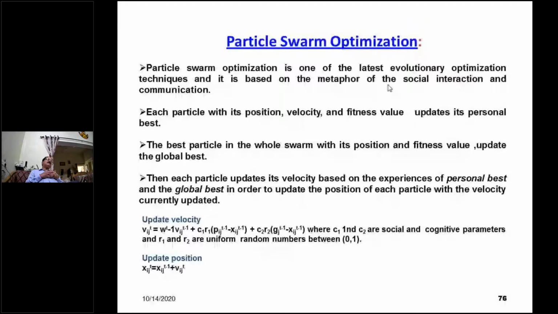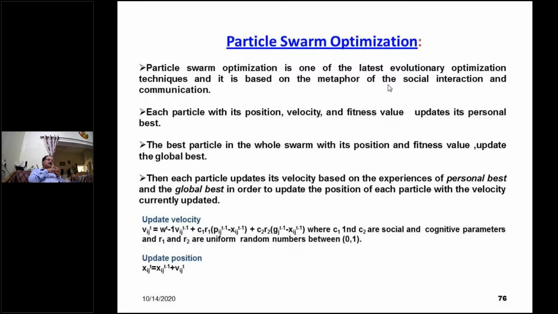Now, birds and the fish, they move in a swarm. We consider as birds are sitting on the trunk of a tree, right? And they find a food source. What they do when they find a food source, the swarm of birds will rush together to the food source and they communicate and exchange the information among themselves to reach the food source.